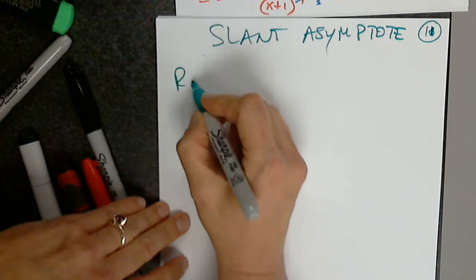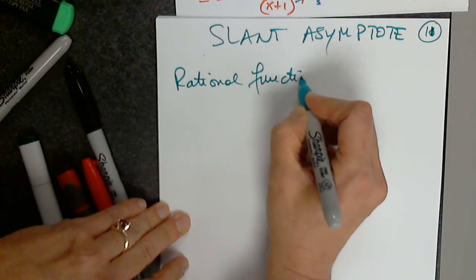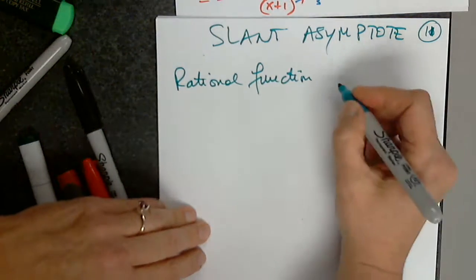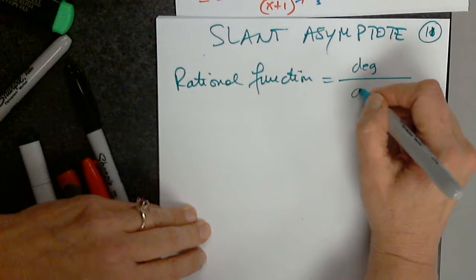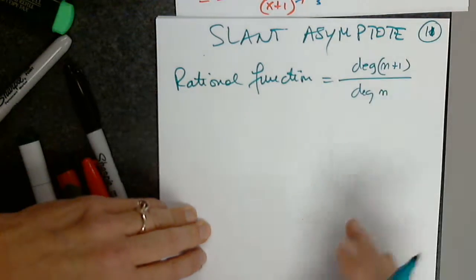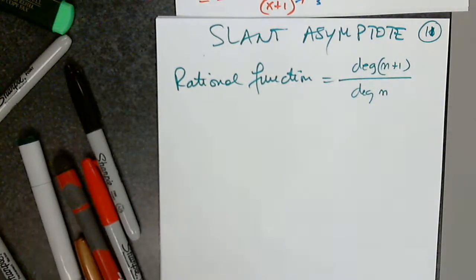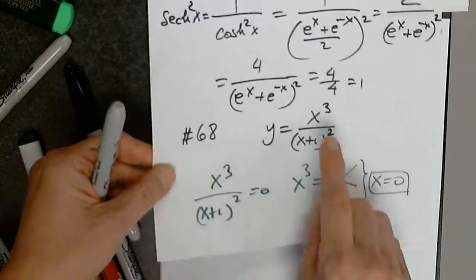With a rational function, with degree n in the denominator and degree n plus 1 in the numerator, which is this case. What is the degree of the top? 3.